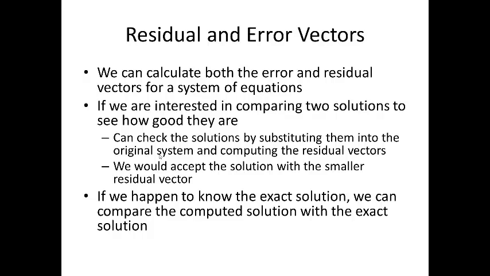We can compare the computed solution with the exact solution. Since the exact solution is generally not known in applications, we tend to accept the computed solution with the smaller residual vector. If the computed solution is sensitive to round-off errors, for example with an ill-conditioned matrix like the Vandermonde matrix, then even this approach will yield some problems.